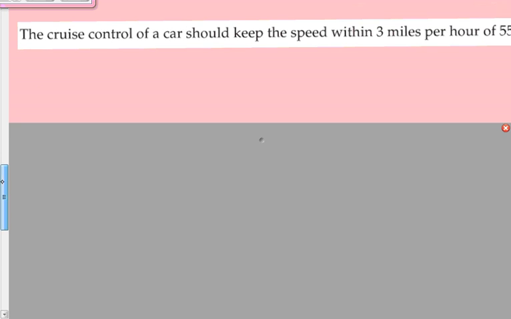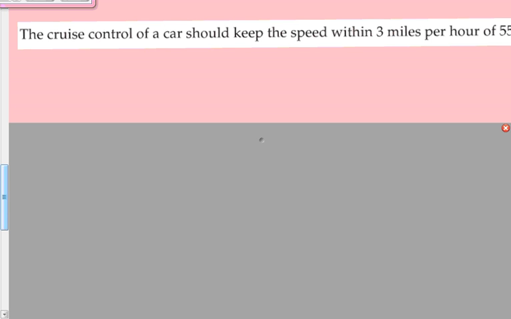Now let's do another one. The cruise control of a car should keep the speed within 3 miles per hour of 55. So what would be your range? What's your minimum miles per hour? If it's within 3, you can drive a minimum of 52 or a maximum of 58. That is within 3, either way.